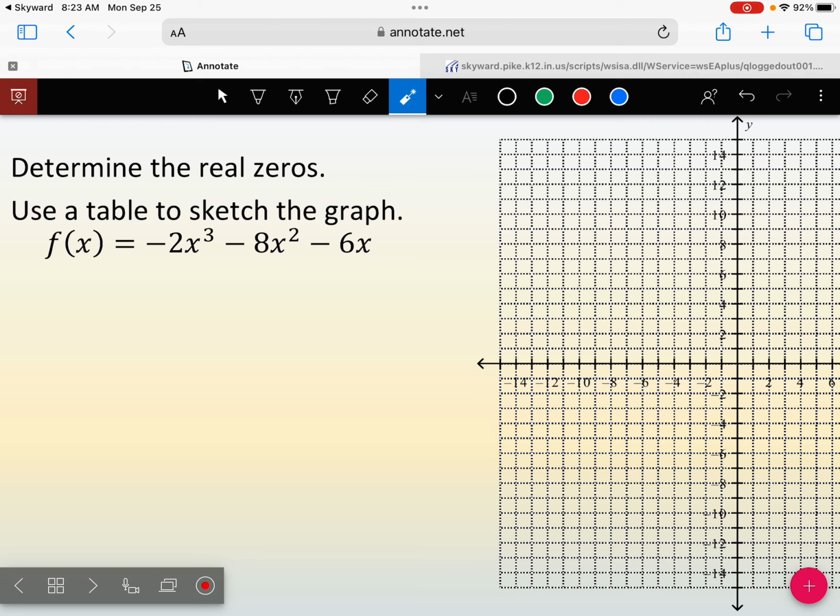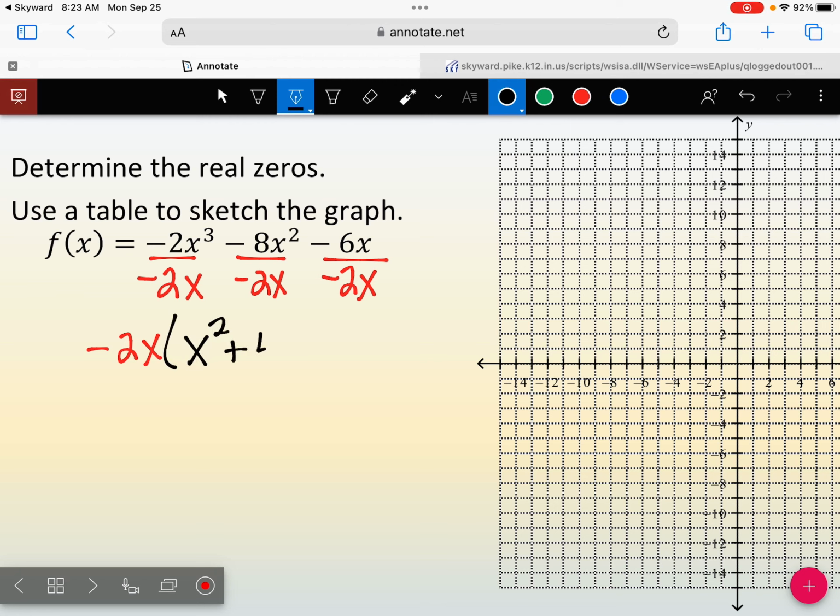And if we do, what is it? -2x. So I want you to divide all three terms by -2x. And then you're going to factor that down again. So you want to make sure it's fully factored before you start finding your zeros.